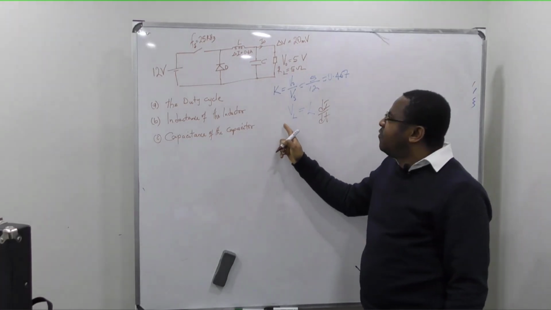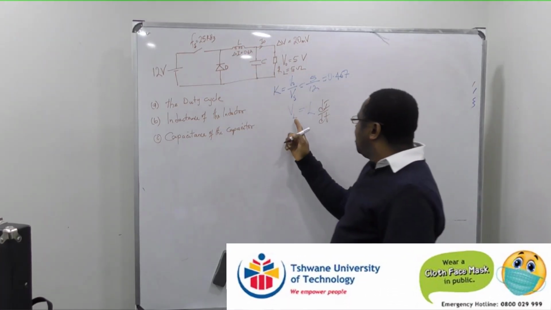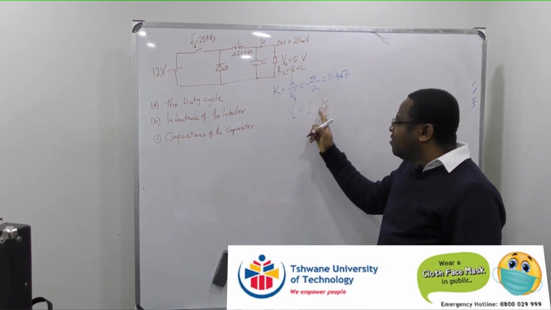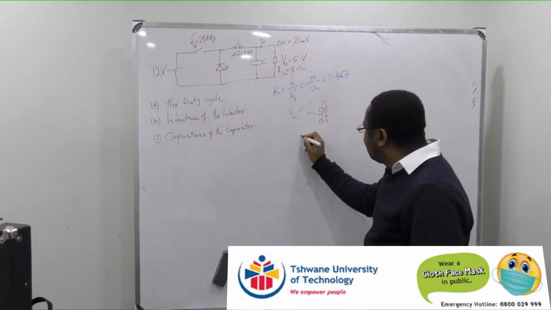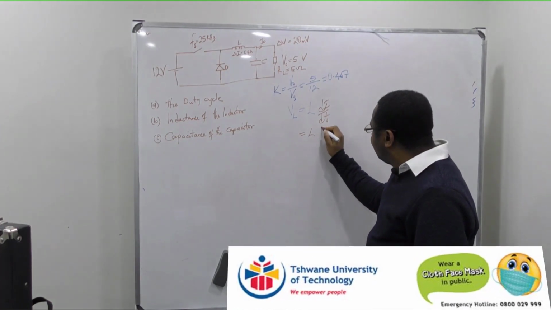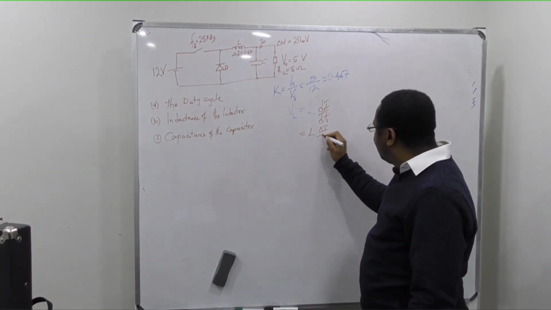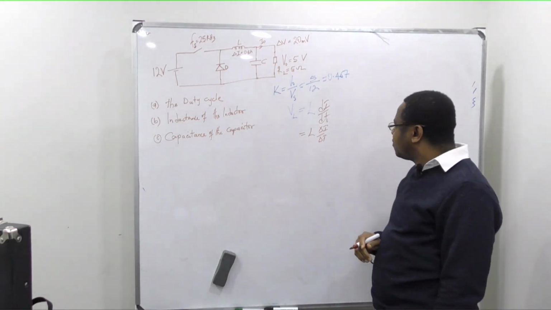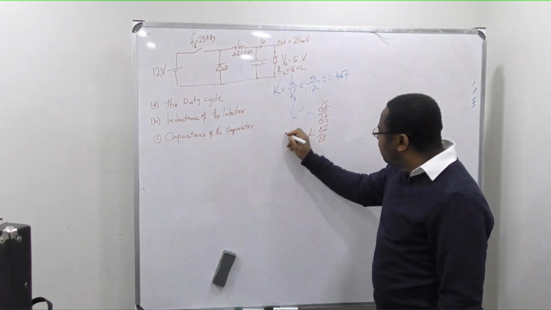That VL, the voltage across this inductor, is L di/dt. That means we can write this as L delta I over delta T. Okay, did you get it? Now, that is your VL.